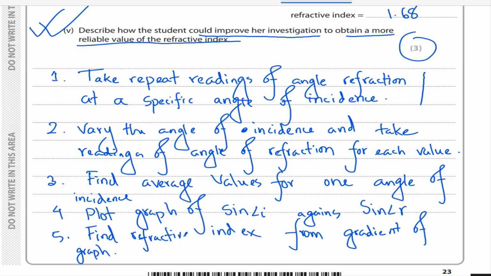Because we know for sin i against sin r, the graph is a straight line, and the gradient of the straight line represents the refractive index.